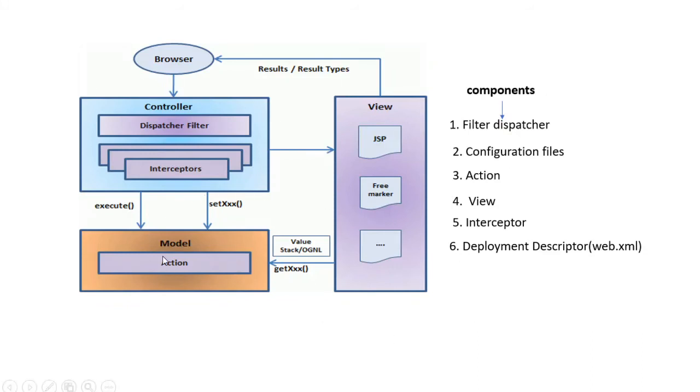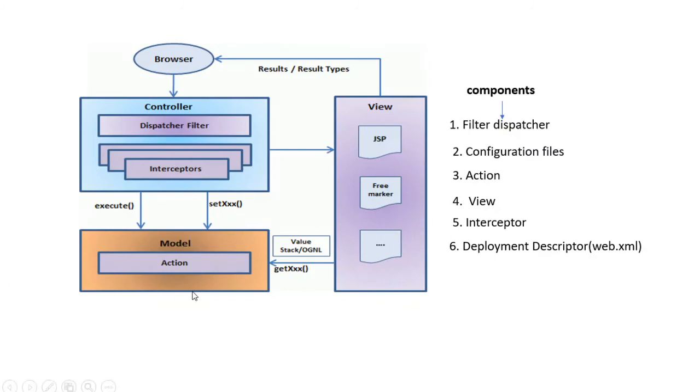Once this is done, next is what? Action. Action is what? A model. The model we call action in the MVC2 architecture. Okay, so again as I just told, action here is what? A bean class. In Struts2 the functionality of the model is represented by this action component.